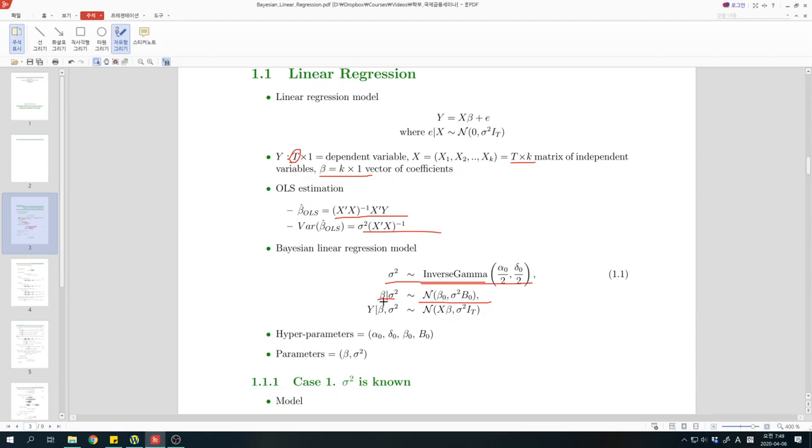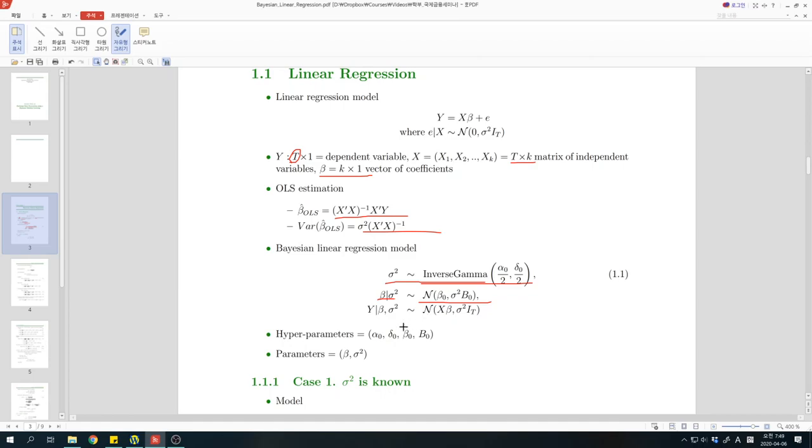The uncertainty of beta is proportional to the size of the errors, which is sigma square. So sigma square is what? The size of error, or the size of noise. If the noise is large, then the uncertainty of the coefficients must be large too.